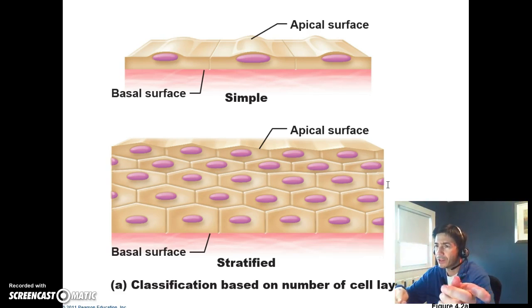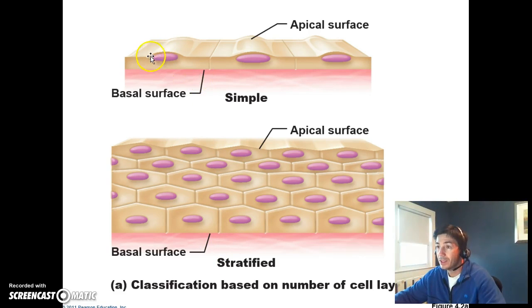So that first characteristic says that they have polarity, which just means they have an apical surface and a basal surface. So if you look here, this is an epithelium. This one happens to be many cell layers thick, so we call it a stratified epithelium. But it's got cells on the bottom, cells on the top, so a basal surface and an apical surface.